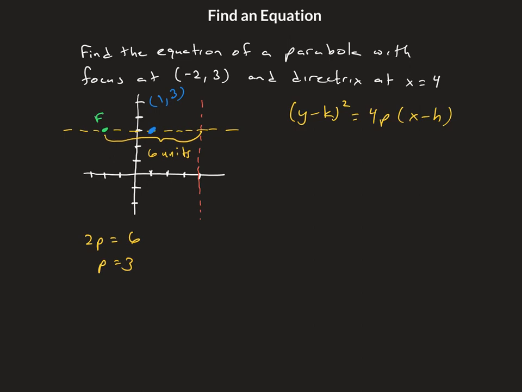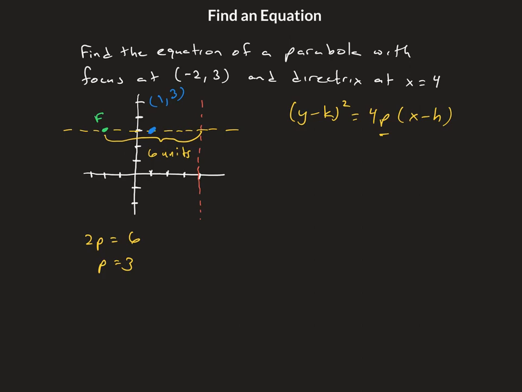Now the other thing I need to do is realize what's happening on this parabola. Remember, this value of p also indicates the direction the parabola is opening, left or right. Based on the diagram, I know this particular parabola is going to open to the left. It's going to come like that, what you see with the pointer.